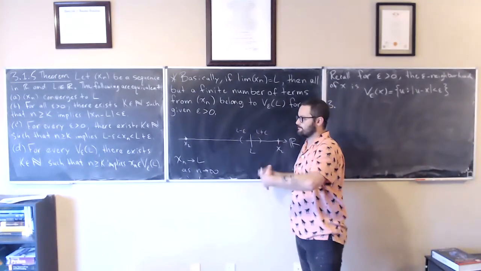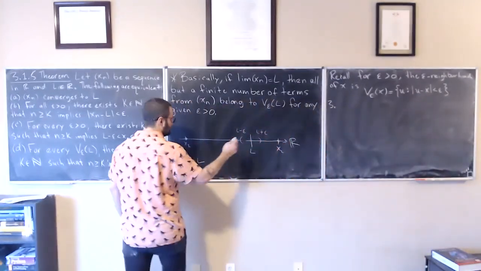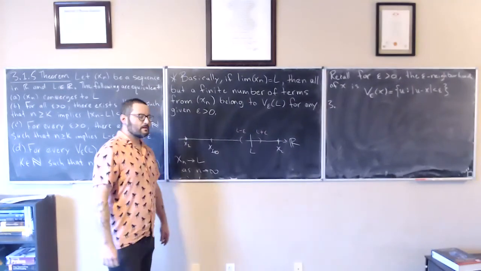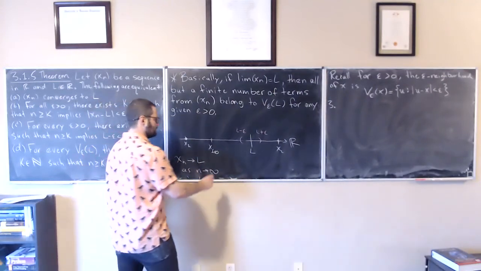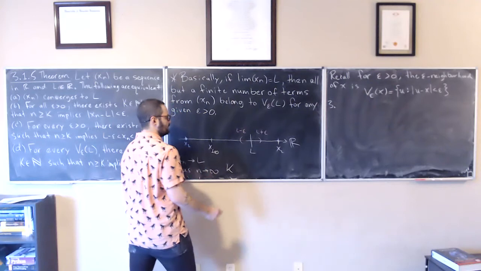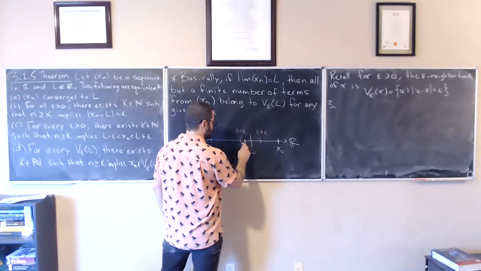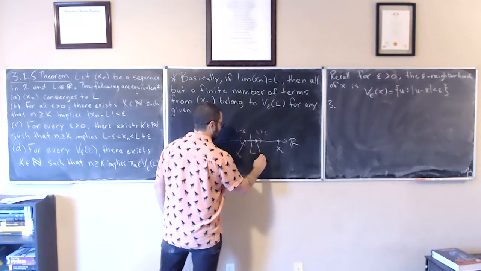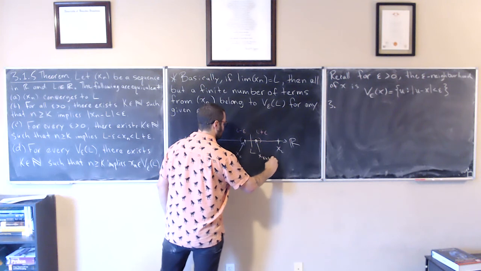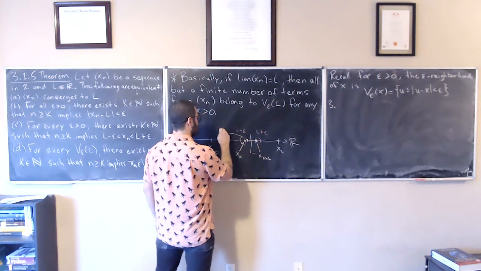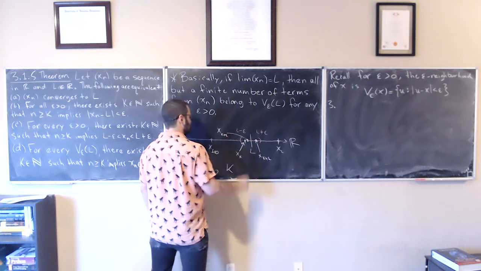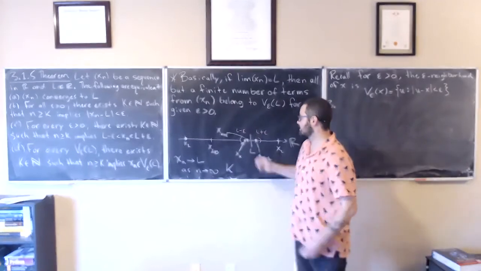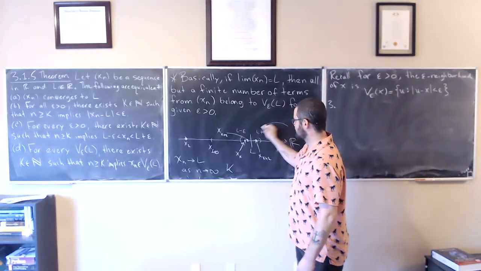You could go a really long way, maybe x100 is right there. But at some point, call it k, there's xk, then xk plus 1, then xk plus 2. Every n greater than or equal to k is going to land inside of here.